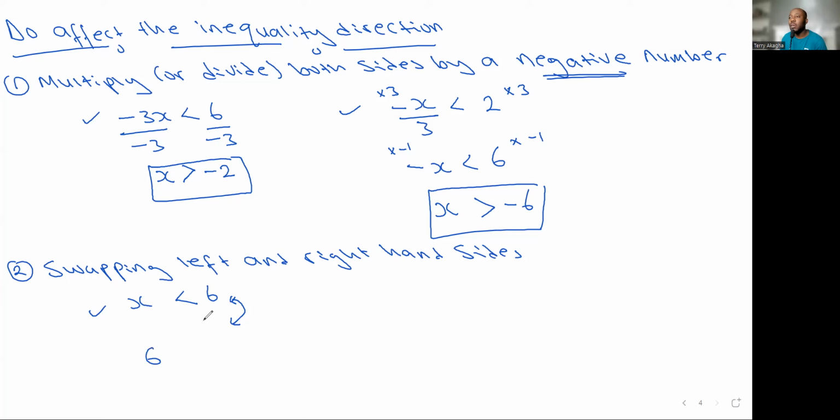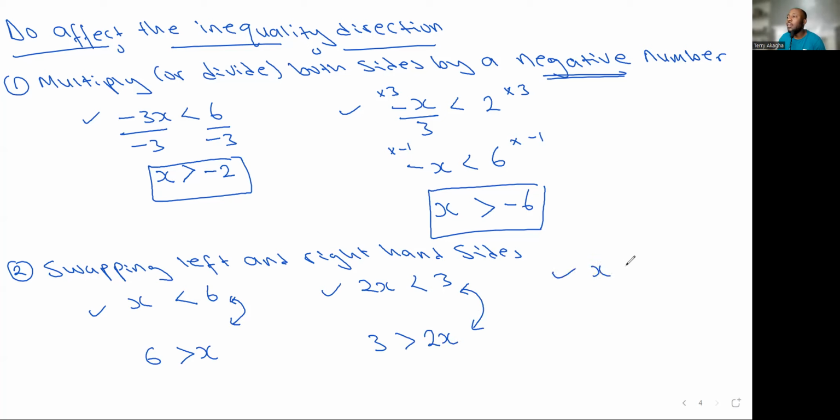It was less than, but when you swap it, it's going to be greater than x. Are you seeing it? So if you're swapping the left-hand side and the right-hand side, then you also have to swap the signs as well. So we have 2x is less than 3. If you want to swap it, again the same principle, 3 will be greater than 2x.